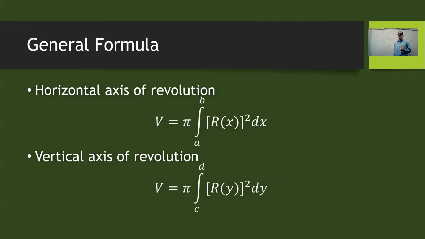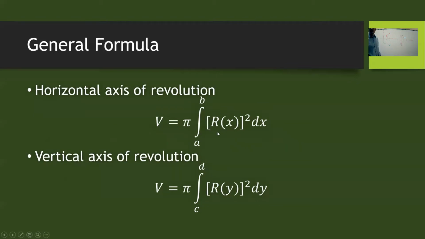It turns out not just the y-axis or the x-axis works with this rotation, but any horizontal axis you can do this way. Any horizontal axis, the width of that disk is going to be a change in x. And any vertical axis, the width of that disk is going to be a change in y.